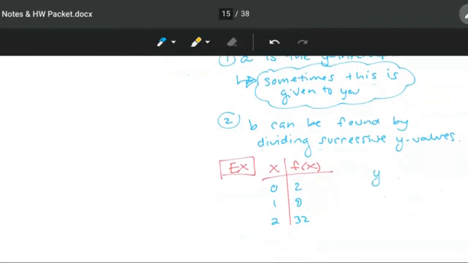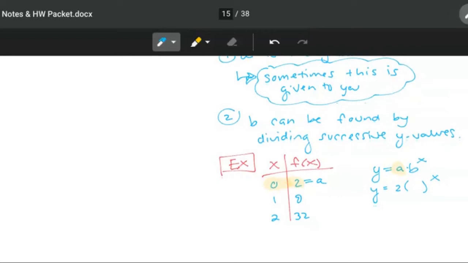So I always write that down to kind of just remind myself that's the goal. All right, first I would look for a. Remember, a is the y-intercept, 0, comma, a number, all right, 0, comma 2. 2 is your y-intercept, all right, right here, you don't have to do any work. 2 is the y-intercept. All right, so we got y equals 2, and really, now we're looking for b.